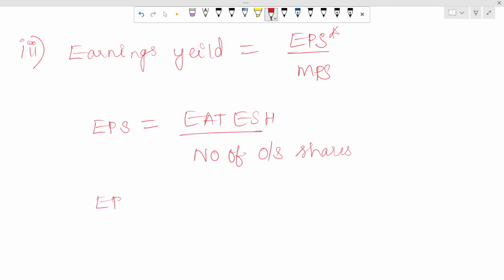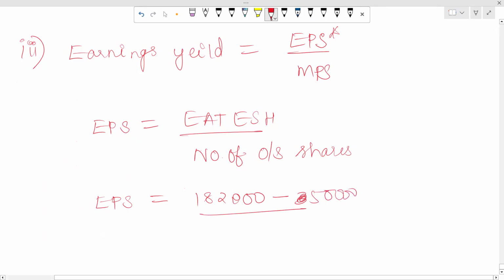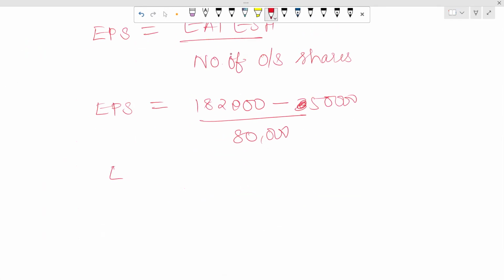So what is the earnings available to equity shareholders? 1,32,000, which is 1,82,000 profit after tax minus 50,000 preference dividend, divided by number of shares, how much? 80,000. What is the EPS? Equal to rupees 1.65 per share.